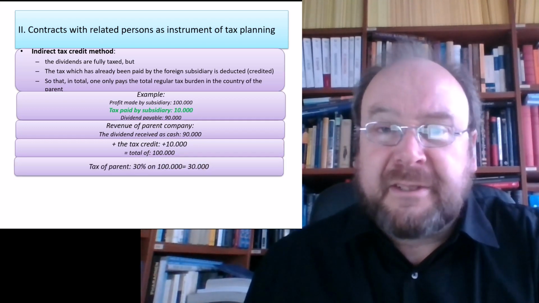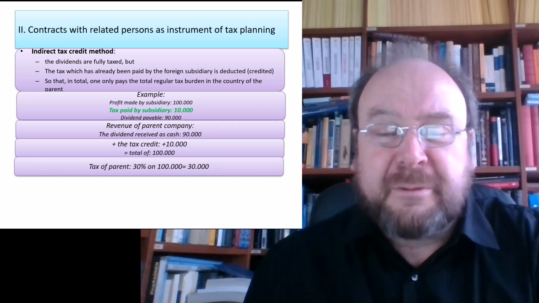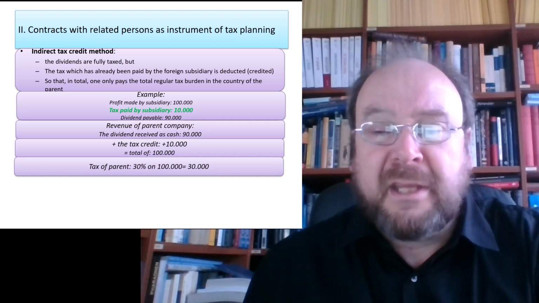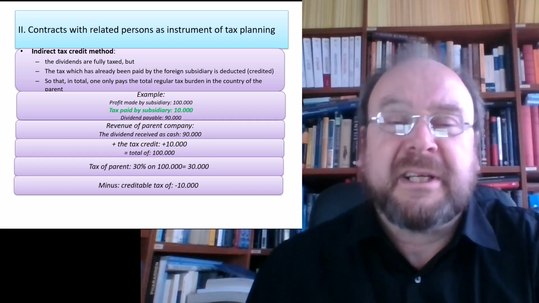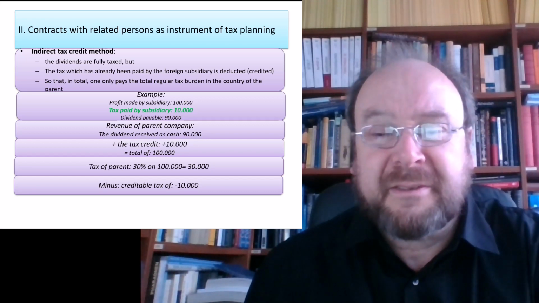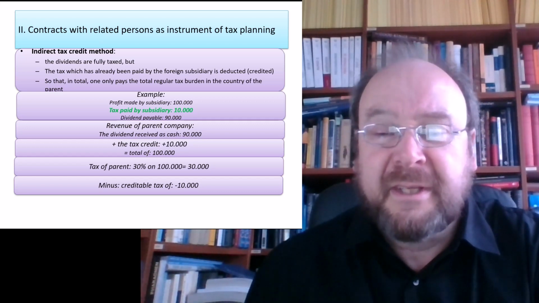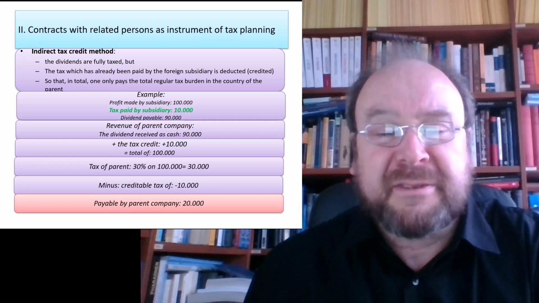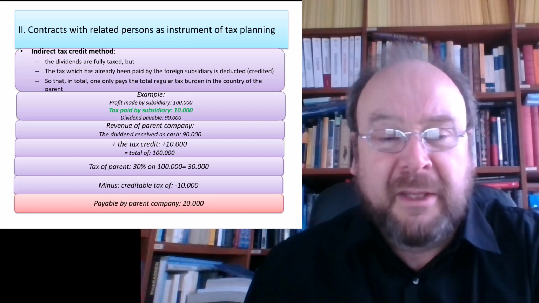The tax calculated for the parent on that dividend would be 30,000. Now you can credit what has already been paid in the country of the subsidiary, 10,000. So payable by the parent is only the difference, 20,000.